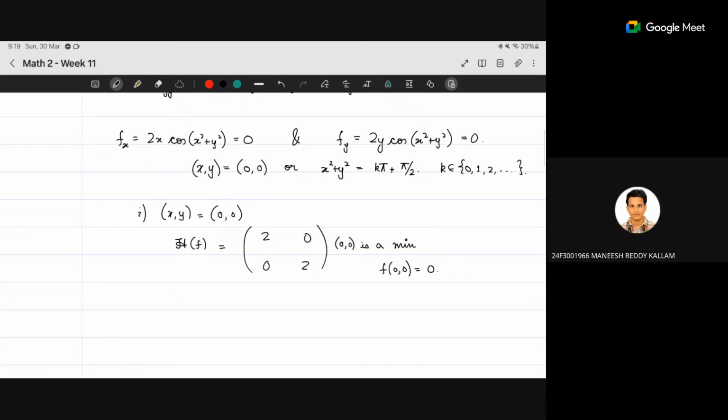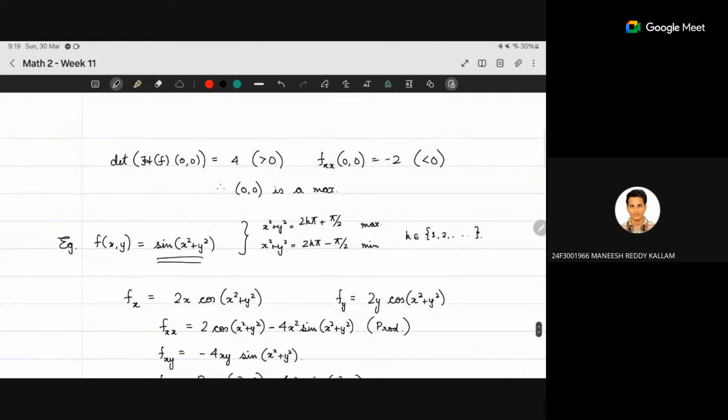So I'm calculating the minimum of this function. If I take x equal to square root of 3 pi by 2 and y equal to 0, what is the value of the function? It's -1. So the sinusoidal wave, as you go in the positive argument, you will also get negative values.